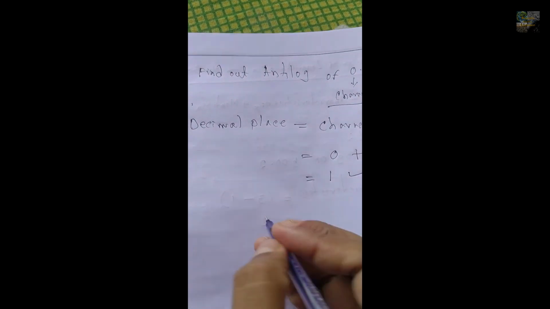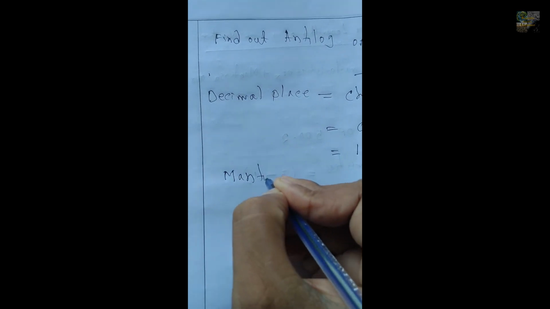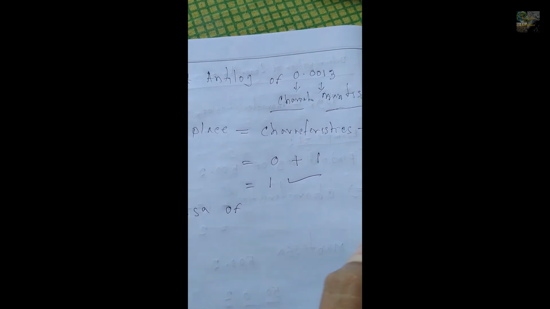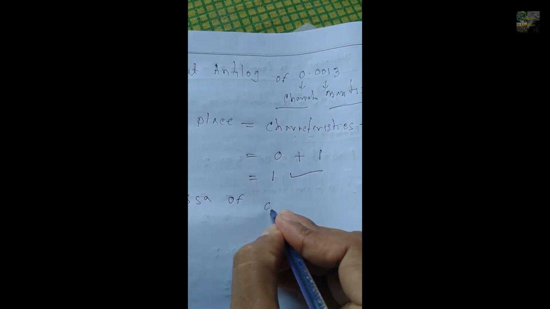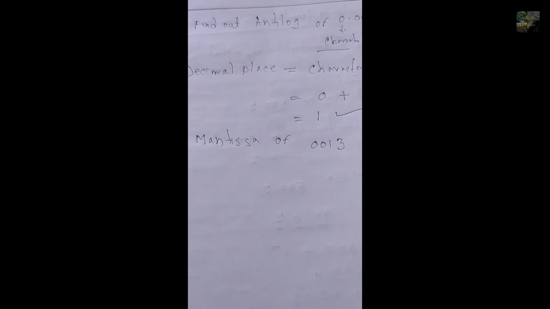And now it's time to calculate the mantissa from the standard anti-log table. Mantissa of 0.0013. In the same way that I previously did for the positive number, you have to find the anti-log value for the particular row and column.